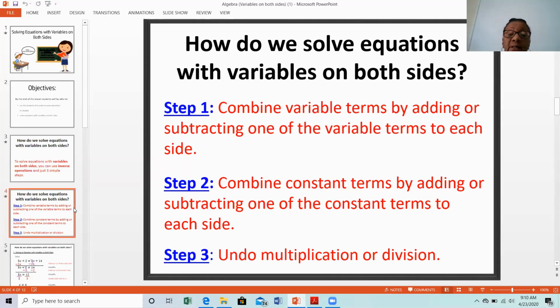Step number 1, first you will combine variable terms by adding or subtracting one of the variable terms to each side.